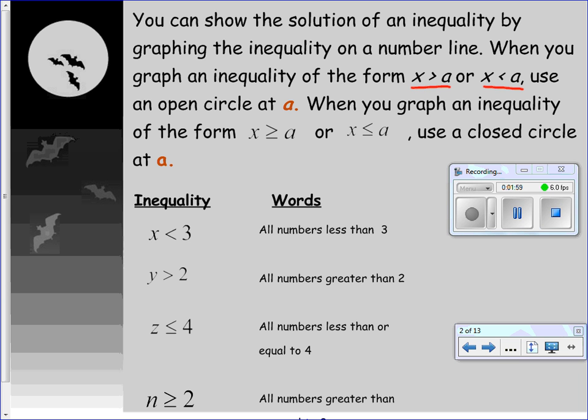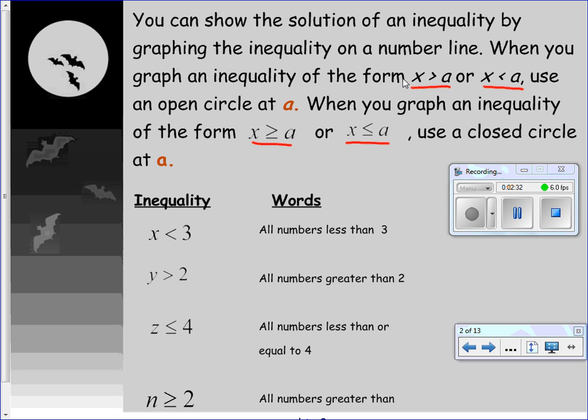When you graph an inequality of the form x is greater than or equal to a, or x is less than or equal to a, use a closed circle at a. I'm going to demonstrate these examples in the next few slides. But again, when solving an inequality, your goal is to isolate the variable, and in this lesson you will use the addition and subtraction rules that you have been using in solving equations.